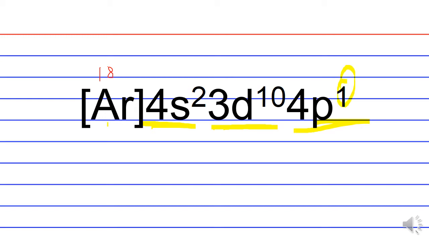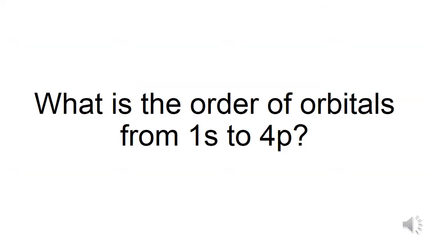And then we have 4p. So there's only one valence electron in the 4p orbital. So let's check. There should be a total of 31 electrons. So we have 18 plus 2, it's going to give us 20, plus another 10. That's going to give us 30, plus the last one in the 4p shell. It's going to give us 31.